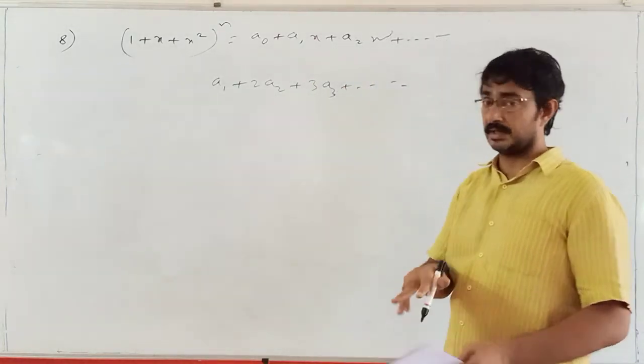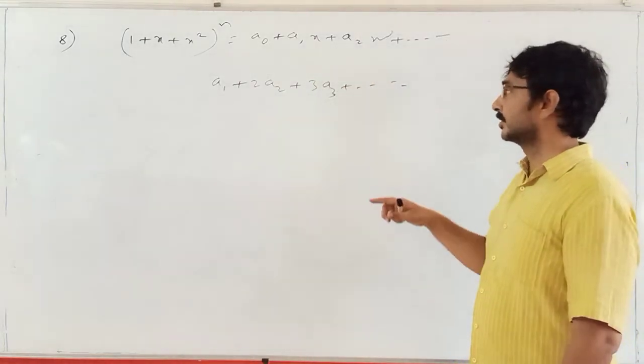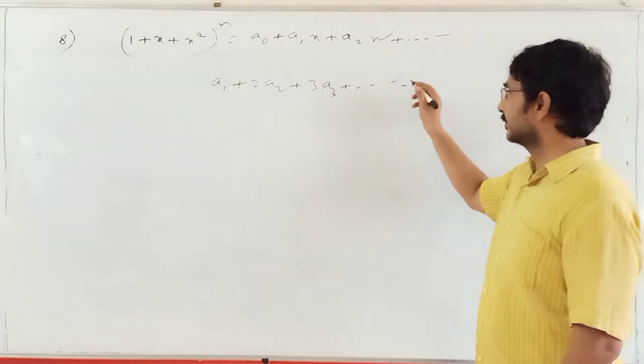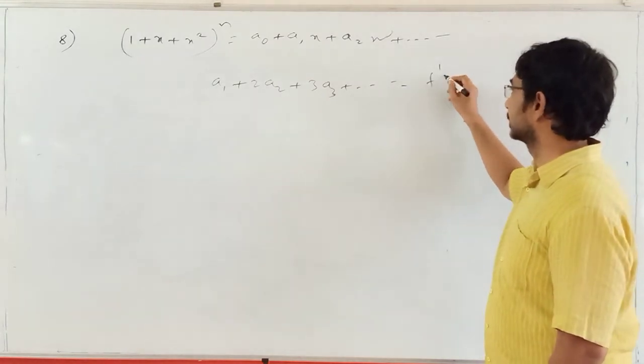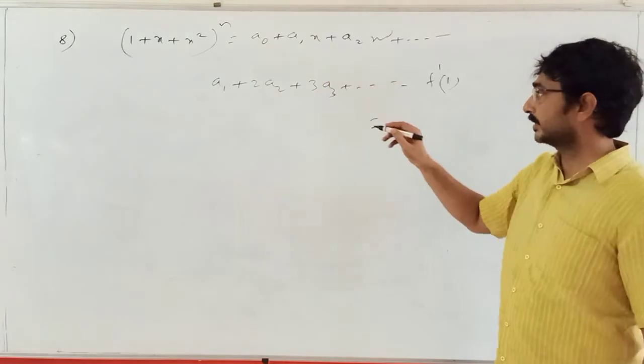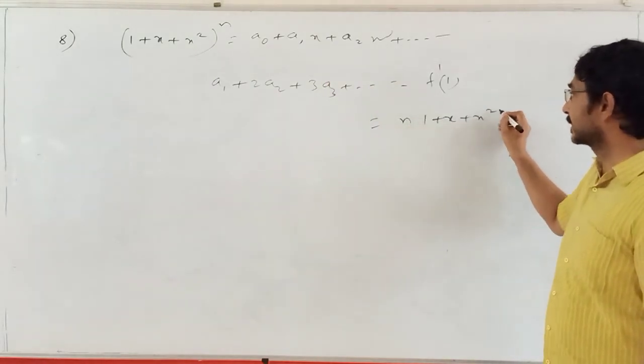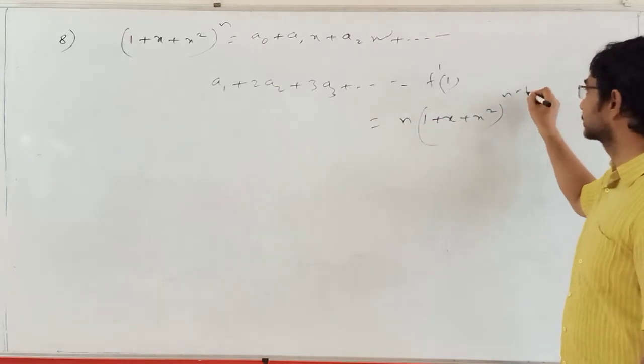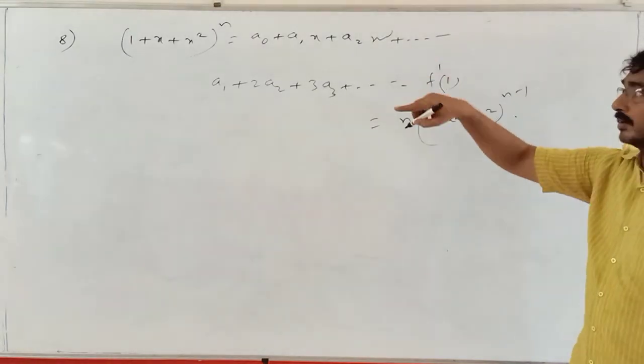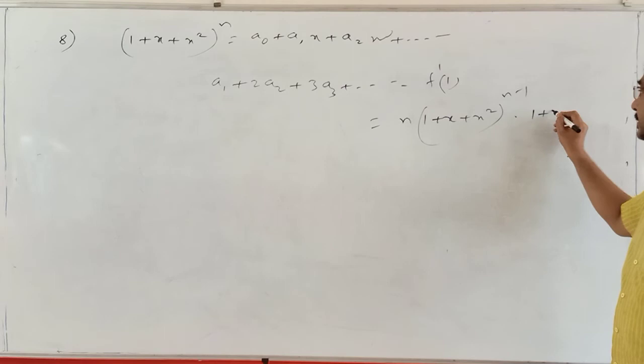Direct formula, see the above notes. So clearly formula for this f dash 1. So derivative of that one, n into (1 plus x square) whole power n minus 1 into derivative of internal one, 1 plus 2x.